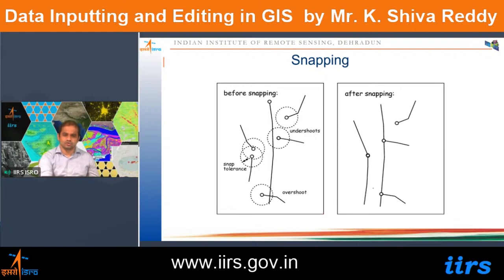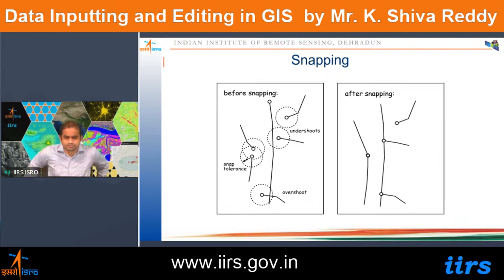And here the overshoot problem is solved. And this may be a genuine case where it is not joining with the line, because based on our assumption, only within this threshold can we have snapping. If you want this to also join, or if you think this is also an undershoot, you can increase the threshold. Then while digitizing, even if you click here, it will join to the road here.